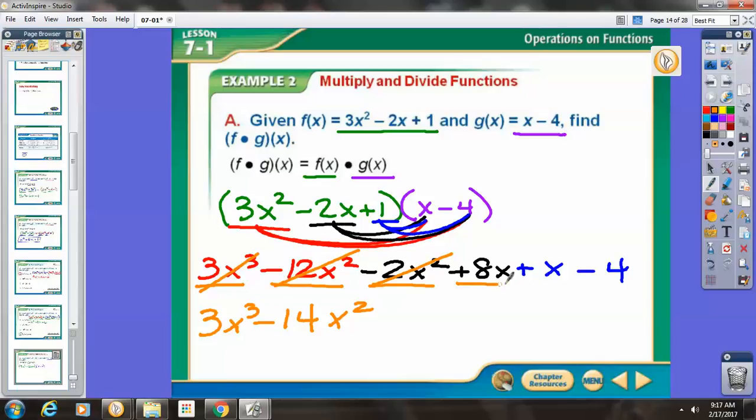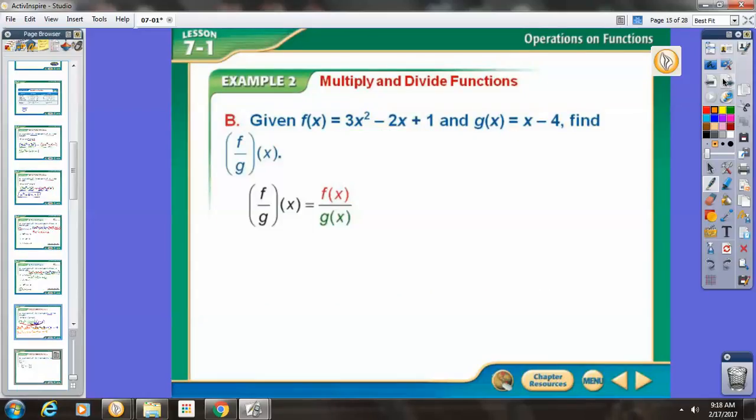Add our linear terms next. 8x plus x is 9x. Remember, there's a 1 in front of that x. Minus 4. 3x cubed minus 14x squared plus 9x minus 4. So that one we're multiplying our two functions.